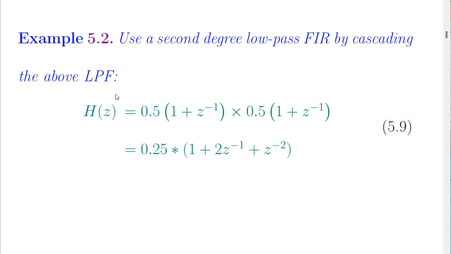How will it appear? The transfer function H of z will be equal to the first one times again the second one, which is similar to the first. Okay, doing a little mathematics it will be 0.25 times 1 plus 2z minus 1 plus z minus 2.